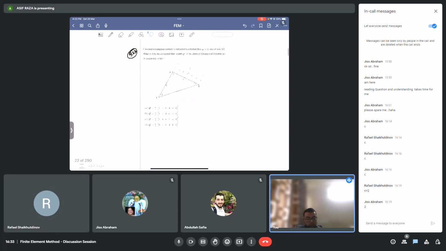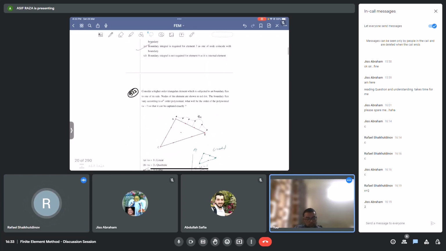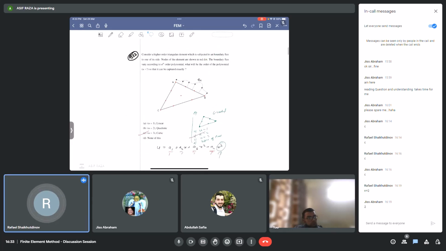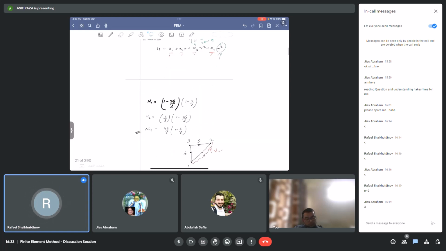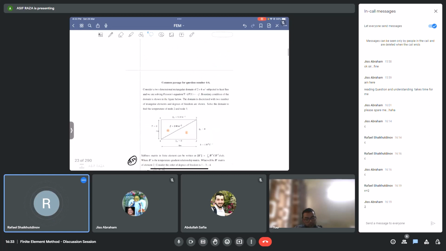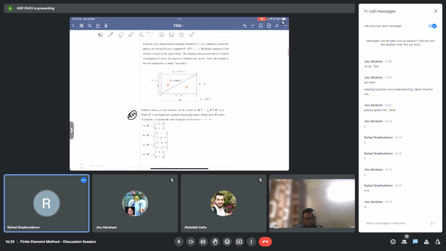Regarding which, this one? No, the last problem you added to our quiz, question 14. Do you have another example of these problems to practice?